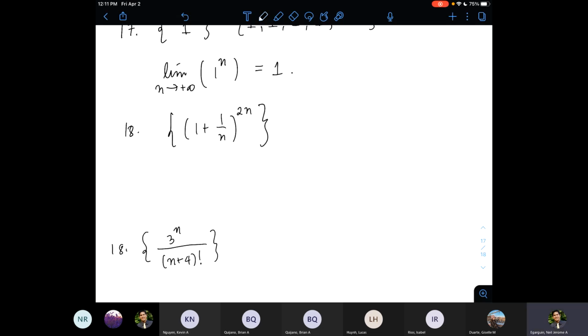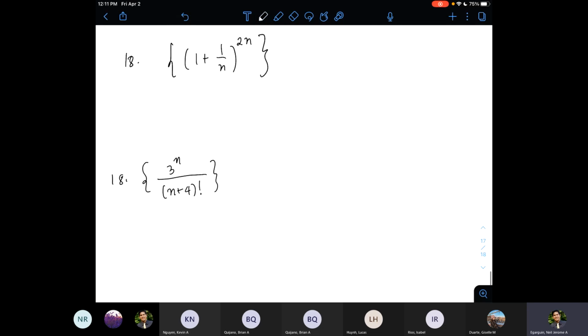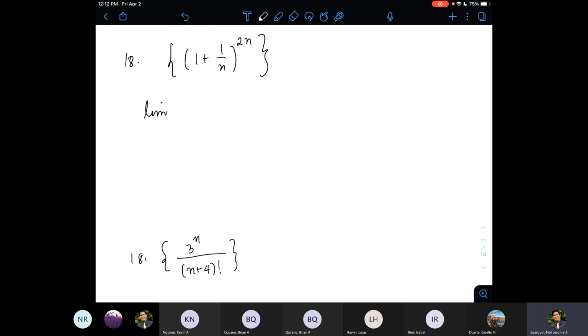But if you look at this sequence, if you want to get the limit of the sequence, you take the limit of 1 plus 1 over n raised to the 2n as n approaches infinity. If you try to directly plug in infinity here, you'll imagine, okay, what happens to 1 over a large number? 1 over a large number will go to 0, right? 1 plus something close to 0 will be something close to 1.